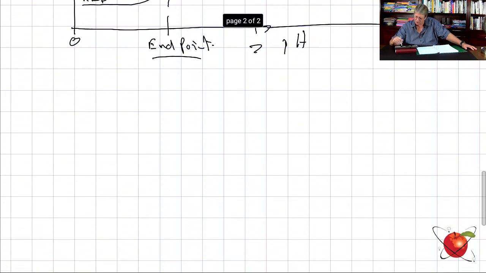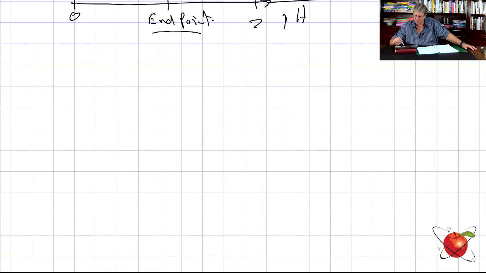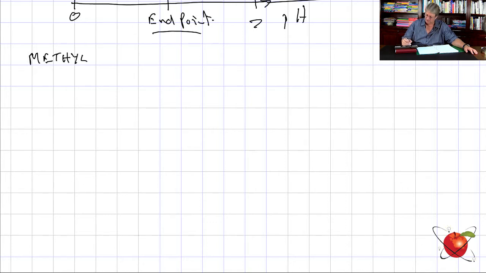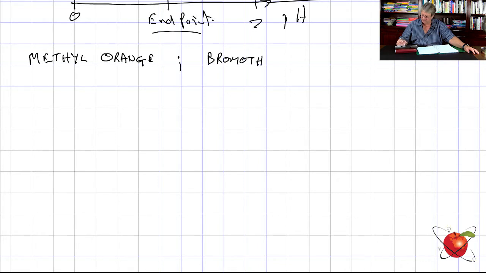Now, there are 3 indicators that you have to know. The 3 indicators that you have to know are going to be the following. Methyl orange, number 1. Number 2 is going to be bromothymol blue.